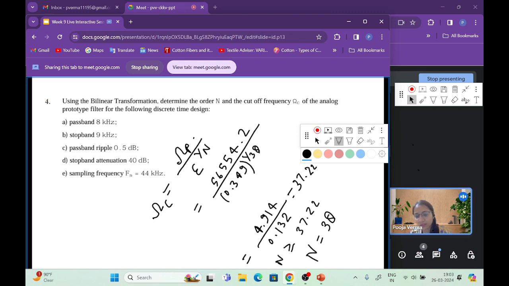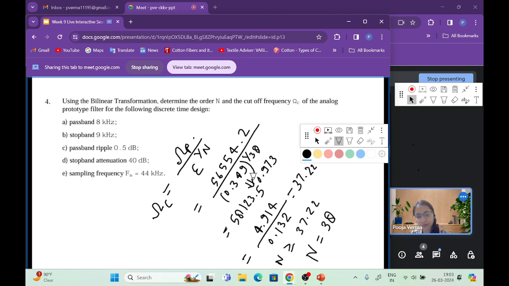So if you solve this equation, the lower part you will get 0.973. You can check it, and if you divide this you will get 58,123.5.